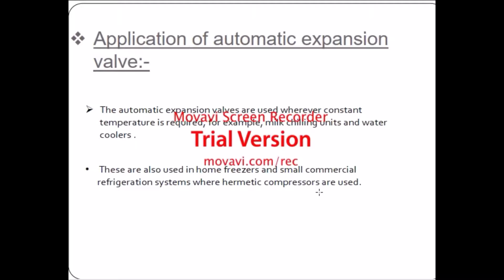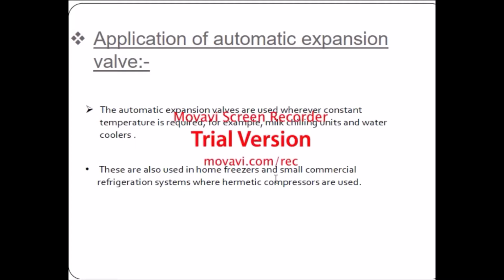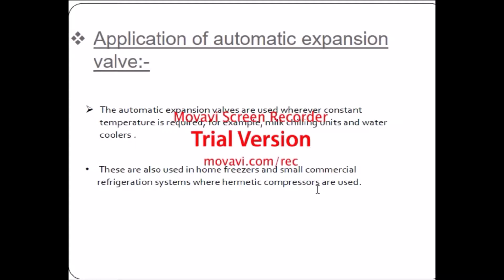So if we want to control the temperature, just control the pressure, correct? These are also used in home freezers and small commercial refrigeration systems where hermetic compressors are used. So actually this is commonly used in refrigeration systems. We can control the valve system automatically or manually. Just control the pressure condition, and automatically we can control the temperature.